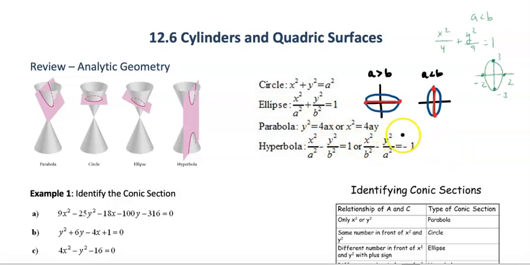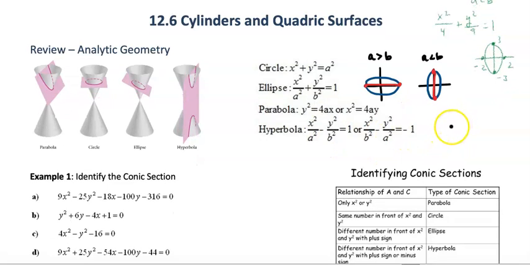Now for a parabola, we've got 4 different shapes of a parabola in general. We've got a parabola that looks something like this. We know that's going to have the equation y is equal to x squared. We know if our x squared term is negative, our parabola looks something like this.